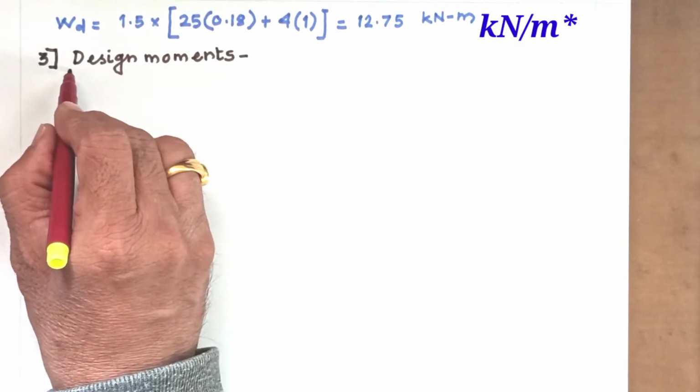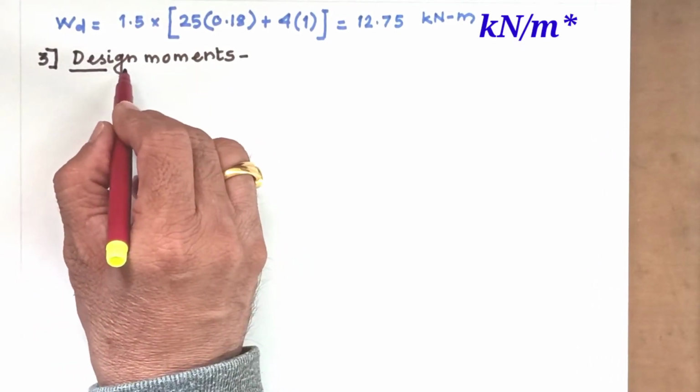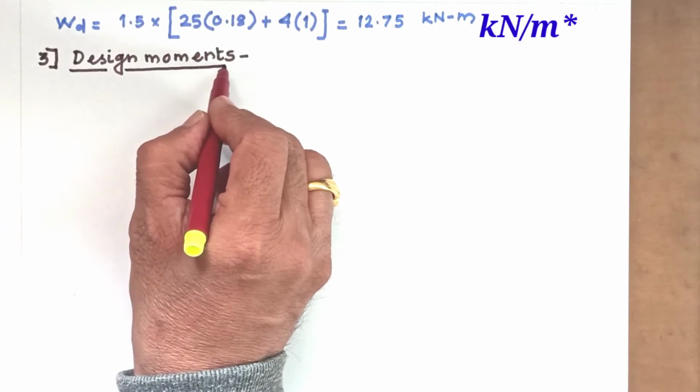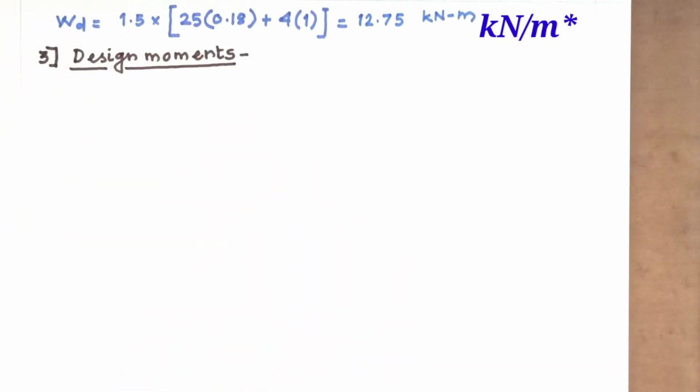Now this is a two-way slab. Load is transferred in two perpendicular directions. Hence we will have to calculate two different bending moments, along shorter span and along longer span. Okay.